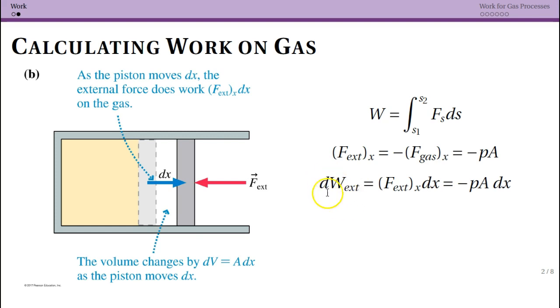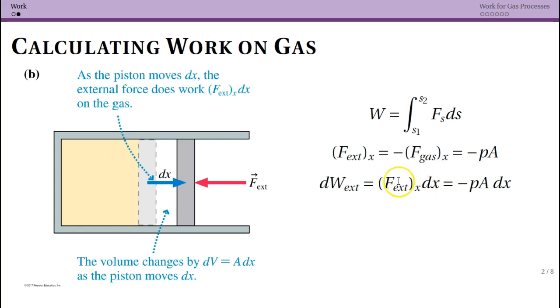And so our differential amount of work is going to be F external in the x direction times dx. Now, we already said that our F external was negative. So we don't have to add another negative sign here, because that appears when we plug in for this.